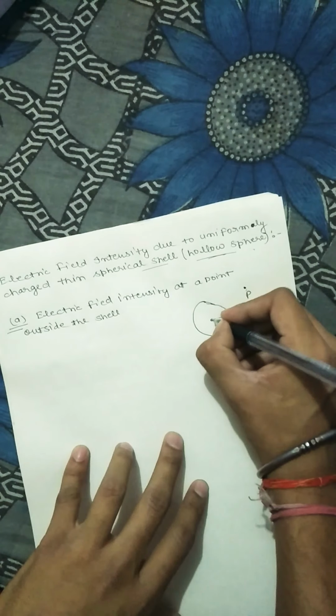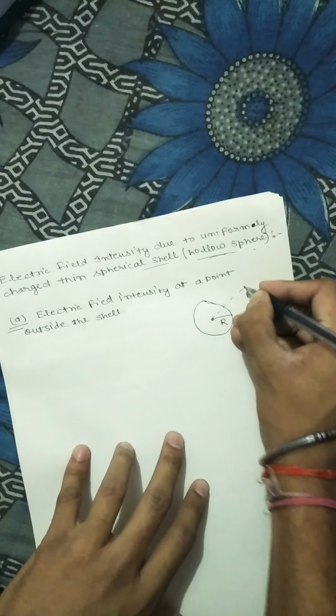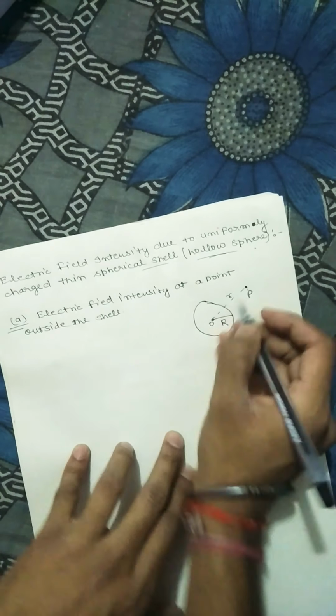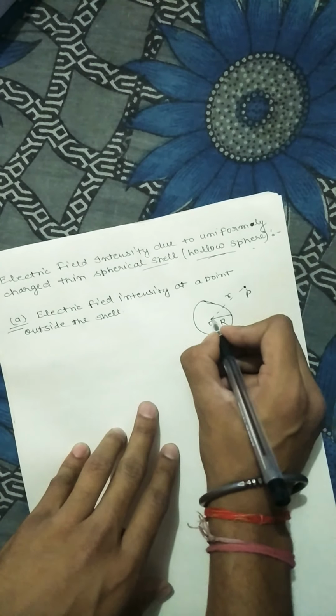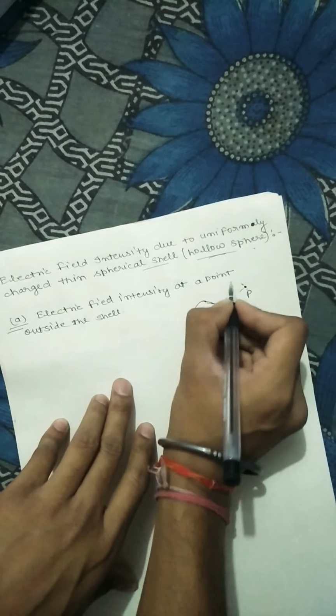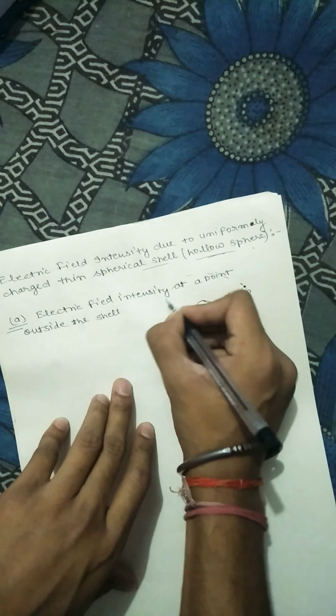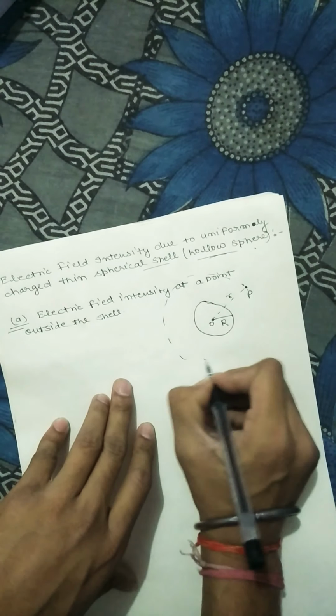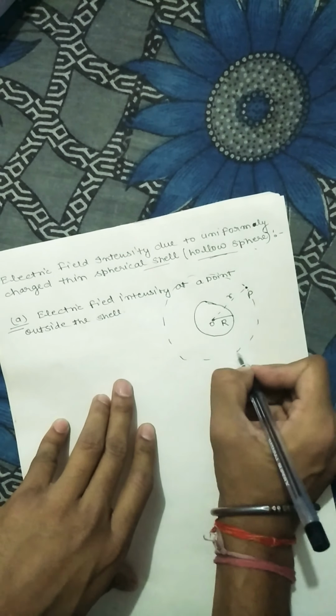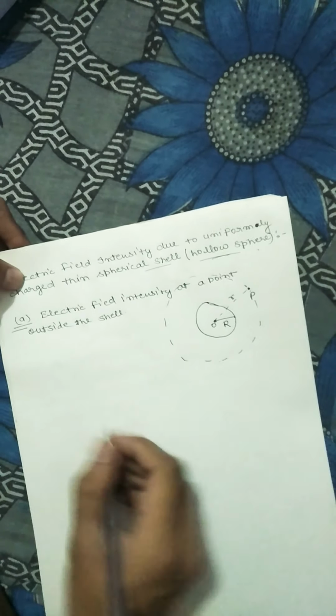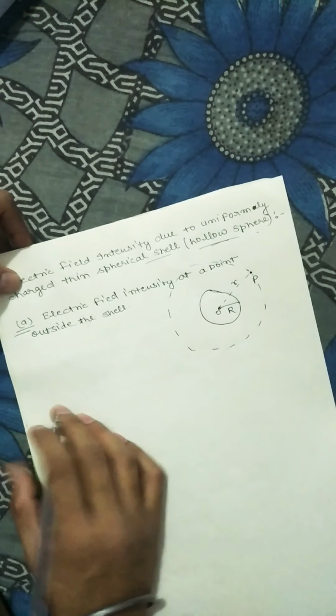So we are taking it at a small r distance from the origin, or you can say from the center. Here we are considering a Gaussian spherical surface. What would be the electric flux on that?